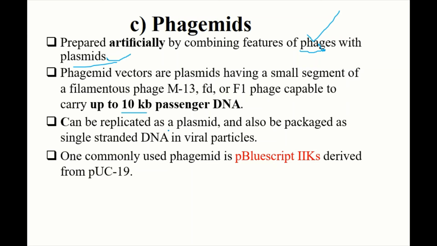It can be replicated as a plasmid as well as packaged as single-stranded DNA in virus particles that can now transfer into a host. So the commonly used phagemid is pBluescript II KS that has been derived from pUC19.